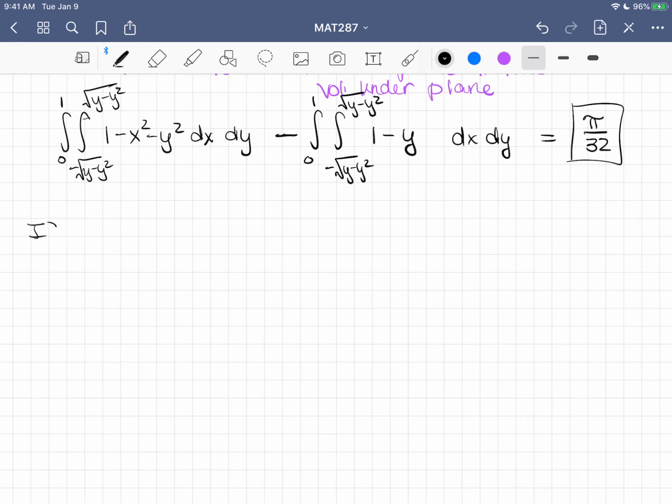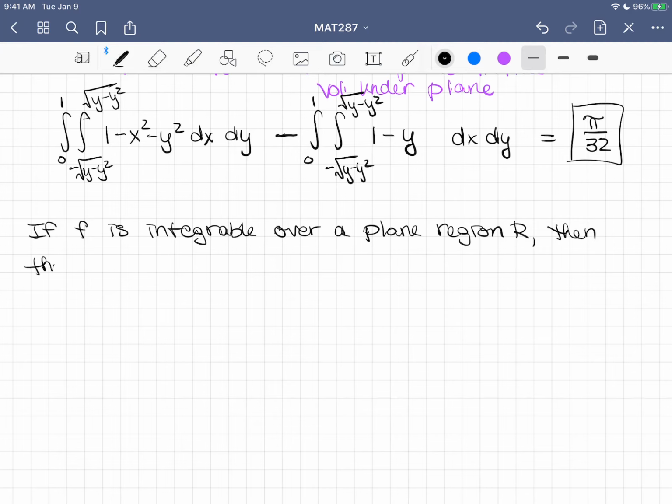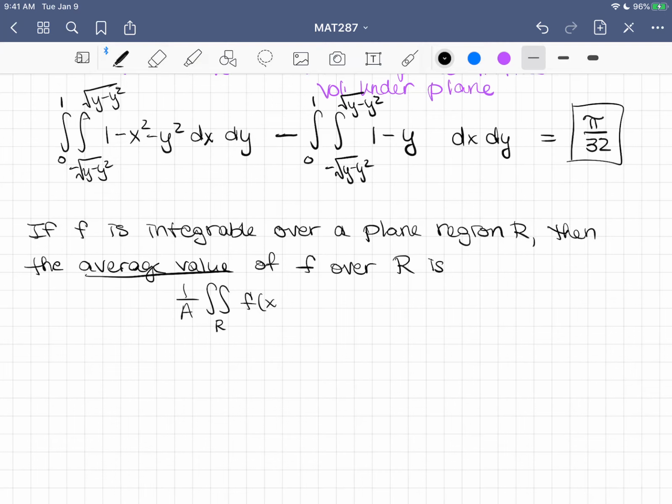So if f is integrable over a plane region R, then the average value of f over R is 1 over A times the double integral over R of f of x y dA, where A is the area of R.